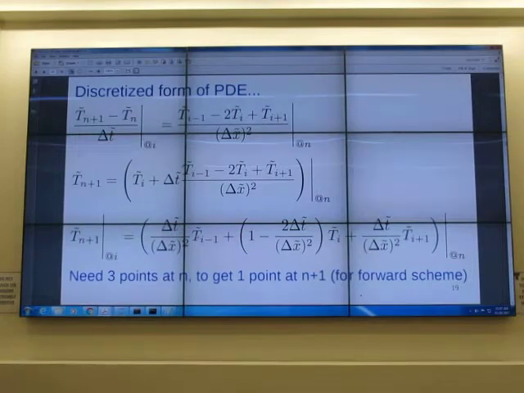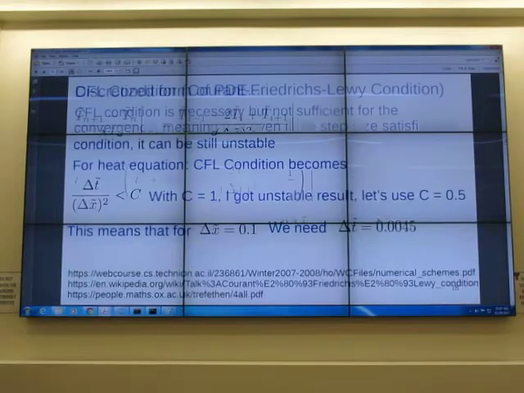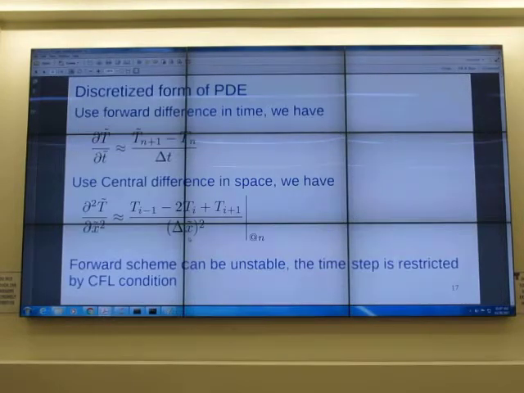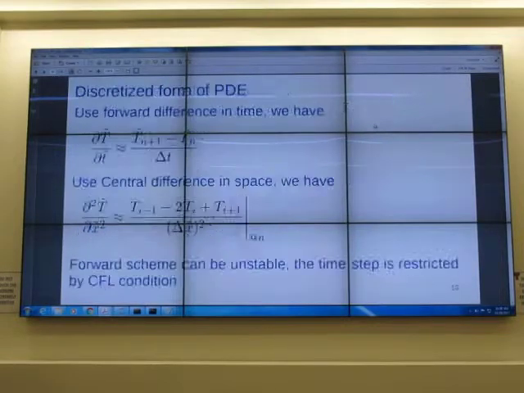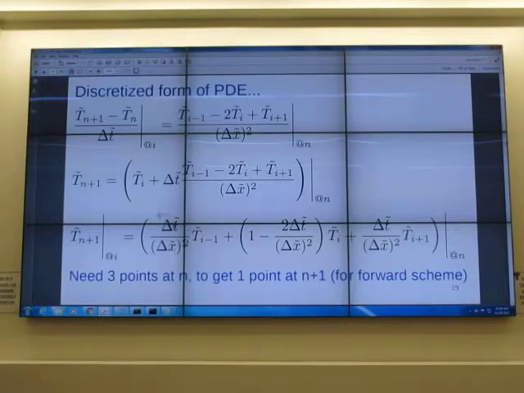Because the coefficient delta t tilde, what is t tilde by the way? T tilde is alpha divided by (b minus a) squared. So alpha is k over rho Cp. K changes with location, this means alpha changes with location, this means delta t tilde changes with location. So delta t tilde at i minus 1 is not going to be the same as t tilde at i.